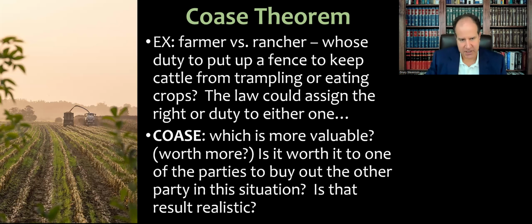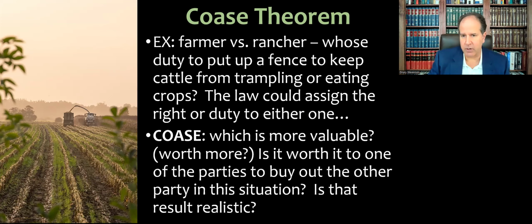So let's say you have somebody who's growing crops, and the guy next door has herds of cattle, and the herds of cattle keep coming in and eating and trampling the crops. So the question arises, whose duty is it between the two adjacent property owners to put up a fence to keep cattle from trampling or eating the farmer's crops, the farmer or the rancher?